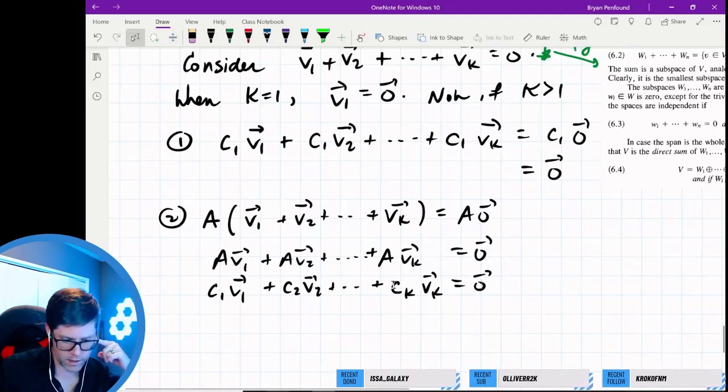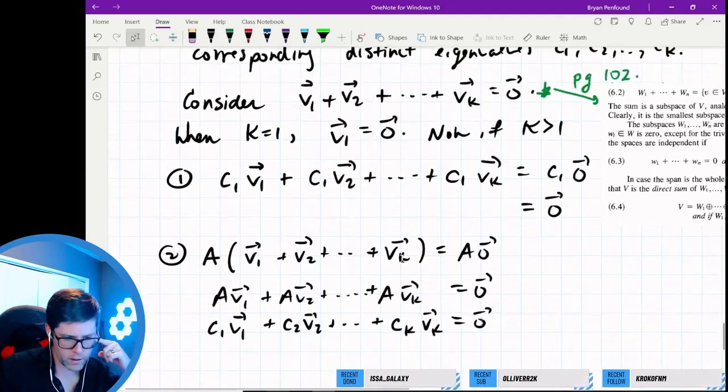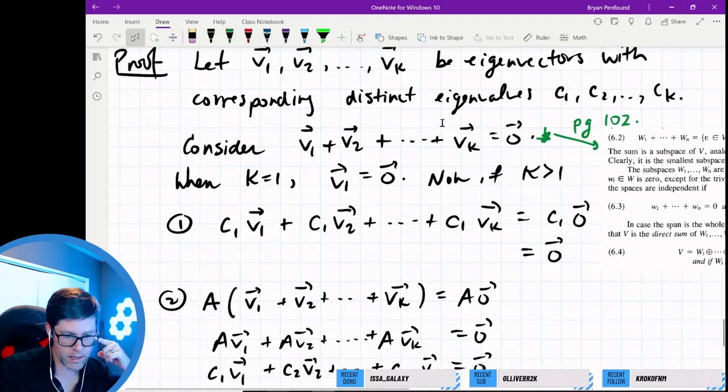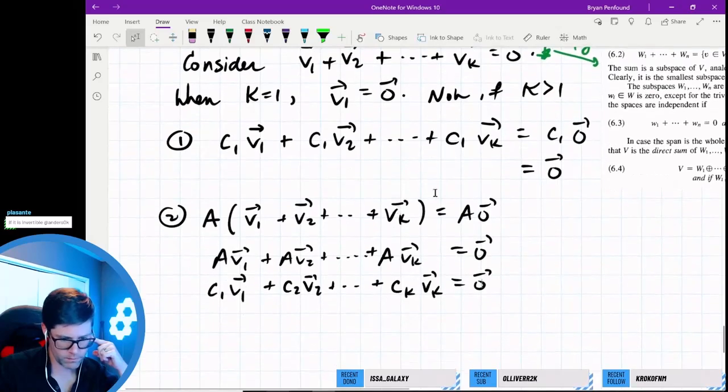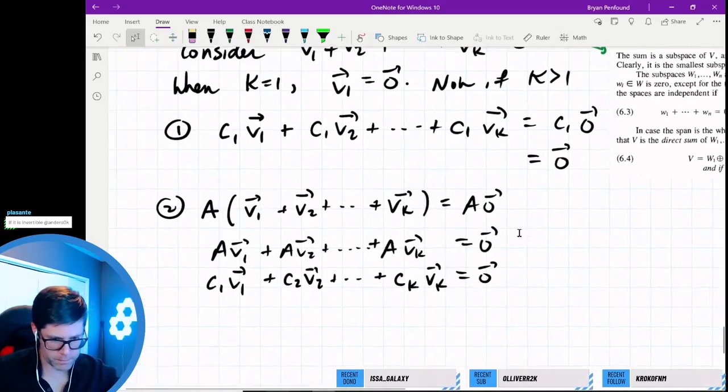At least all of these scalar multiplied vectors too, right? So you're saying that these V's as well should be inside of vector space W, which is the image space. Yeah, I gotcha. I'm okay with that.